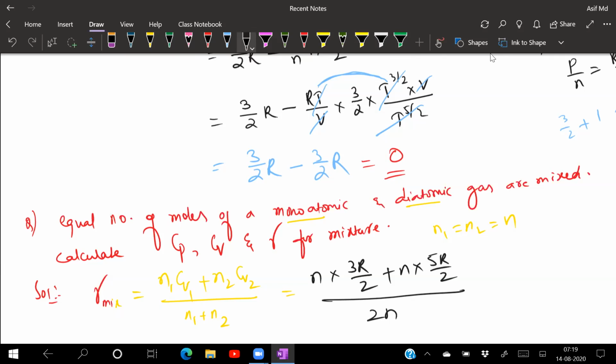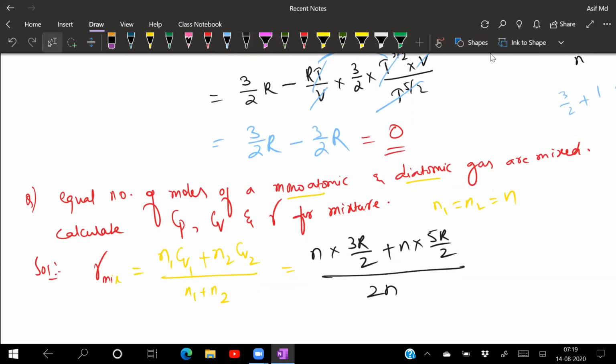See how much I'm getting. We get 3Rn by 2 plus 5Rn by 2. R is also common, 2 is also common. You can take nR by 2 common.